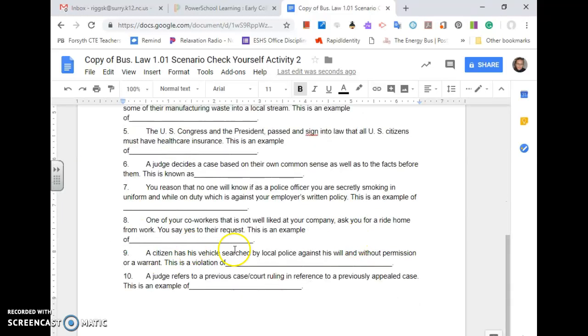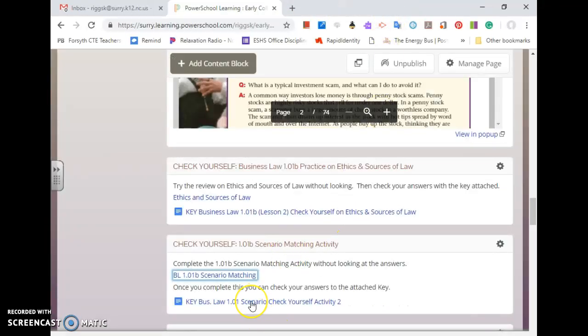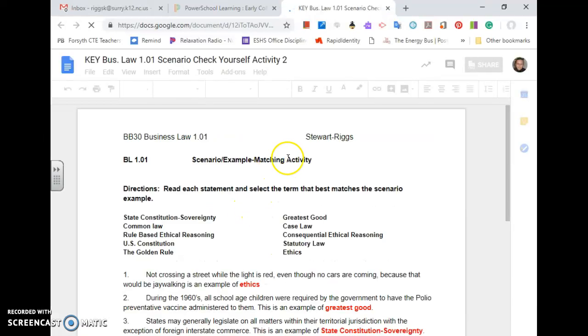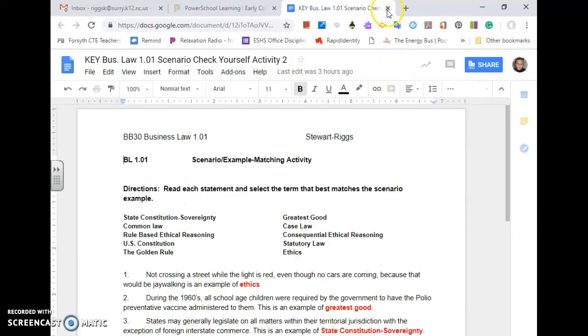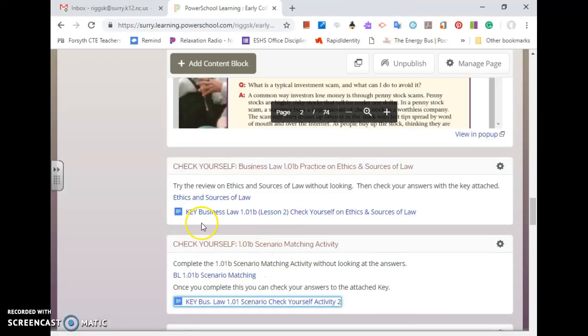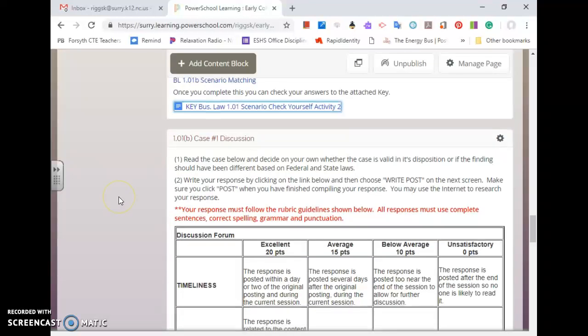And you look at it, and then you can come back over here and open the key and check yourself. Okay? So those 2 are activities that you can go in and do and then check your own answers and make sure you are understanding the content.